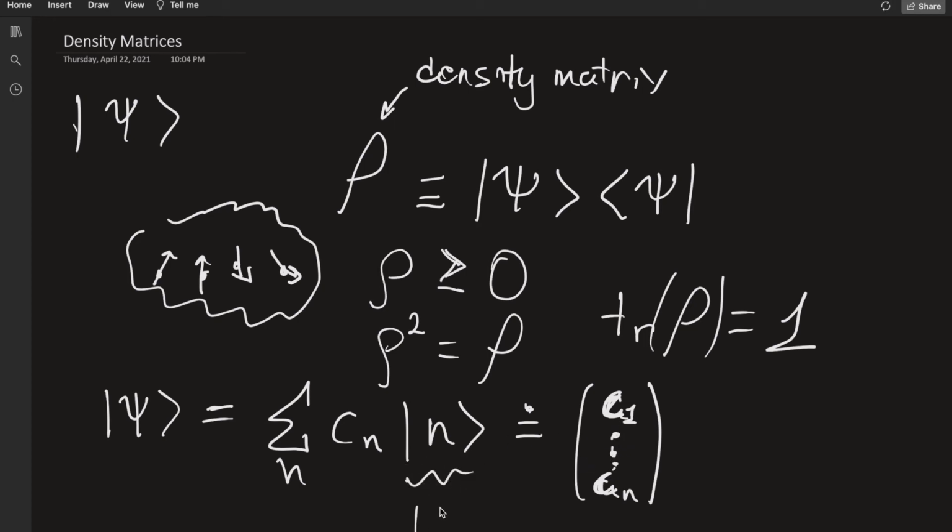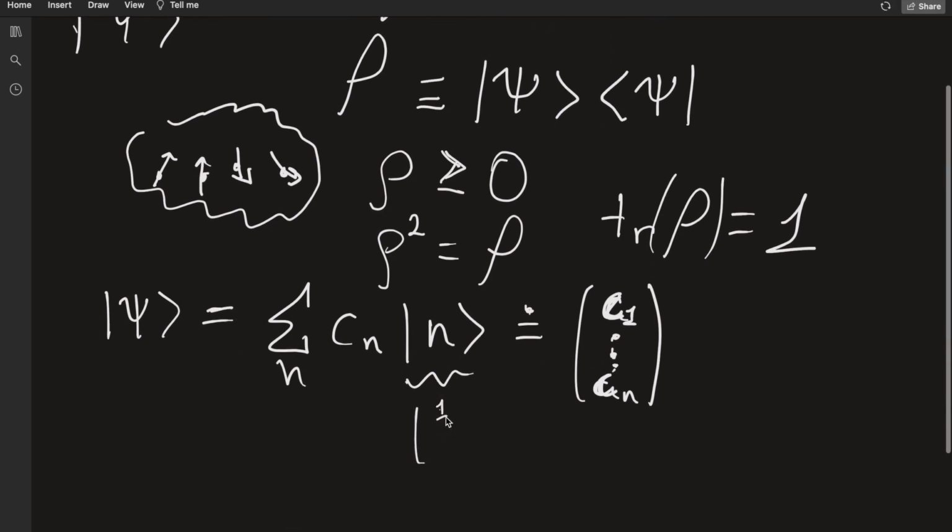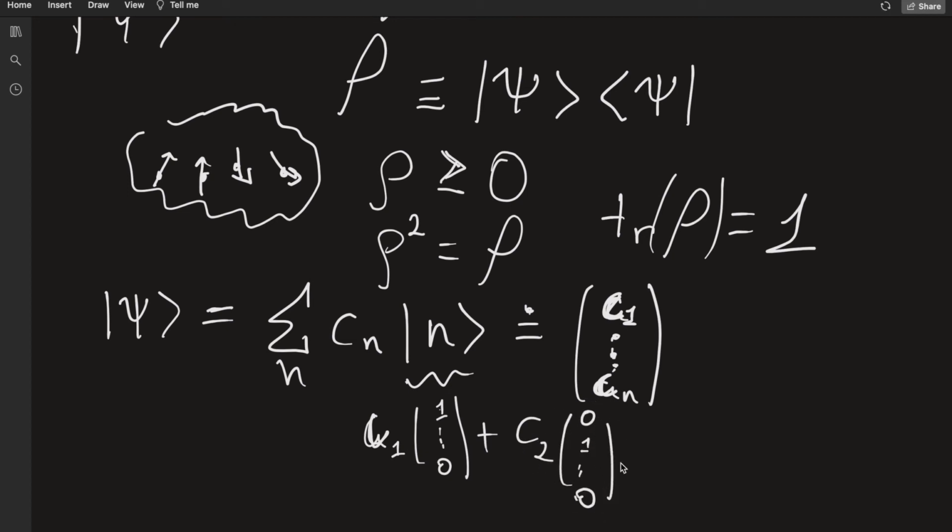So like I have 1, C1, 0, and then I have C2, 0, 1, and so on, until I reach Cn, 0, 1. So it's basically just the decomposition of any vector into its basis.